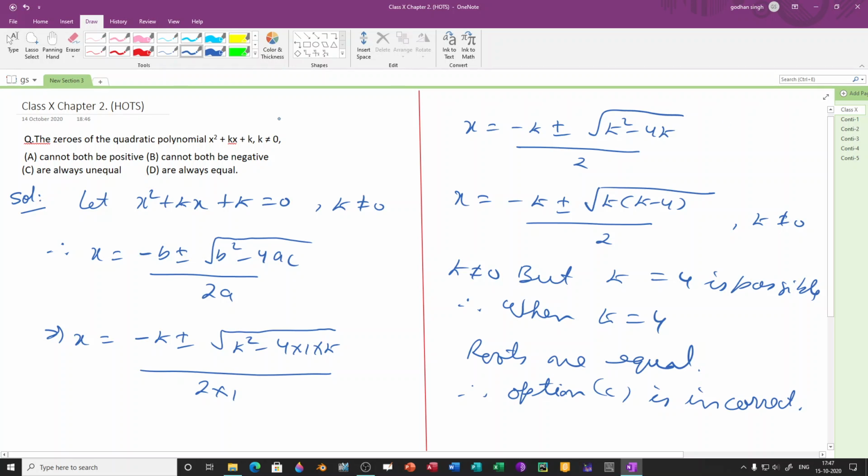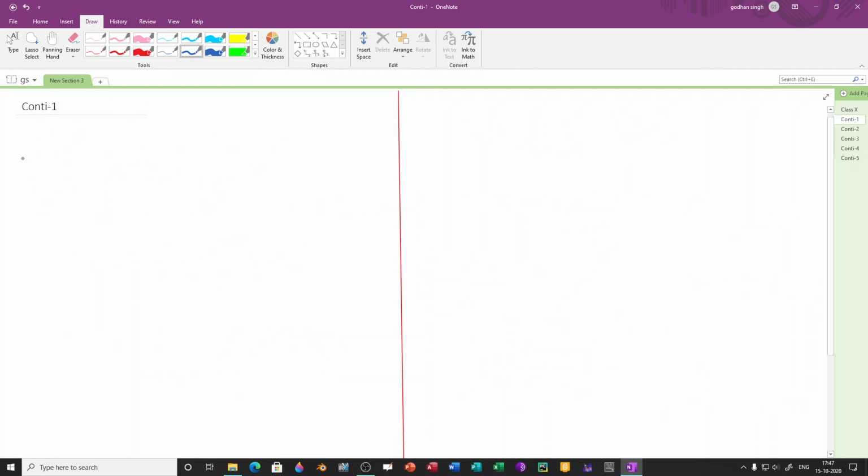And now let us go to the case when k is not equal to 4. What will happen when k is not equal to 4? In that case there will be two distinct roots.